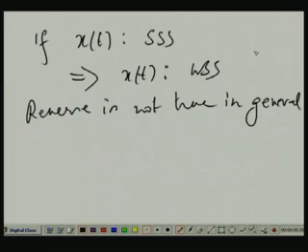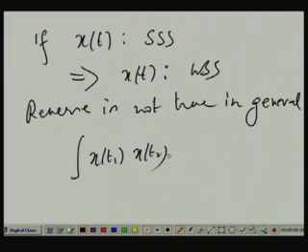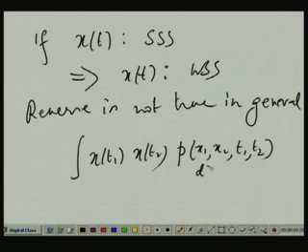Obviously, if it is strict sense stationary, and now you want to find the correlation between 2 points, x t1 and x t2, obviously we will be multiplying by the joint density, with dx1 dx2, right.